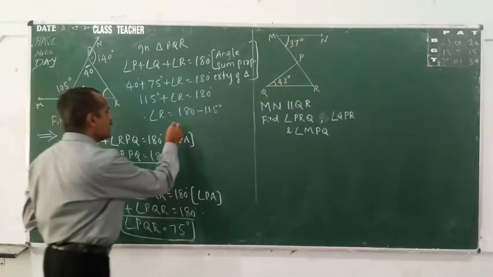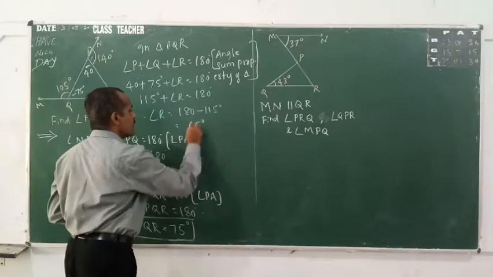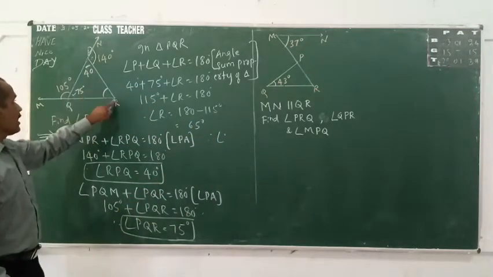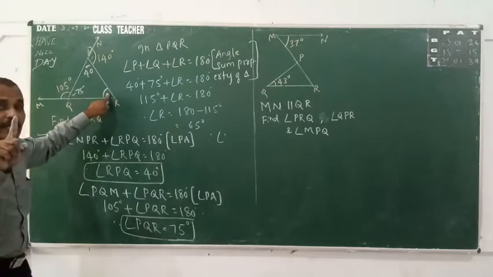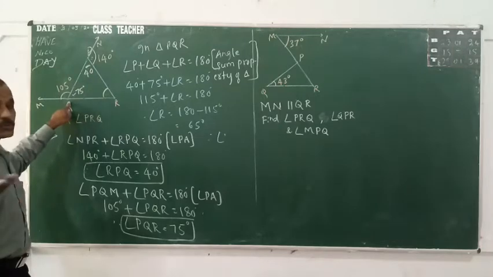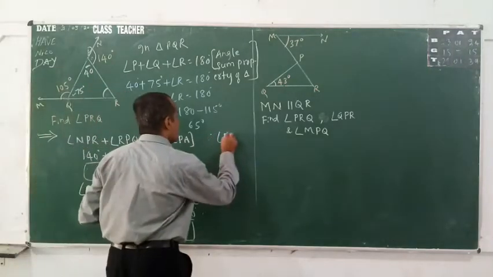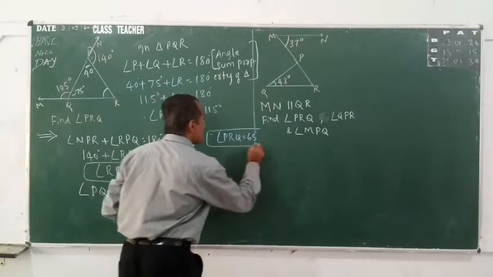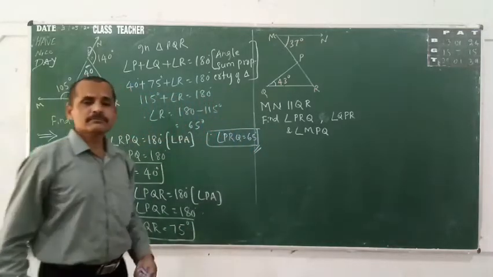Is it giving you 65 degree? Which is equal to 65. Therefore, angle R means PRQ. See, when it is a single angle, you can write R also, no problem. Angle PRQ also, no problem. Angle PRQ is equal to 65 degree.